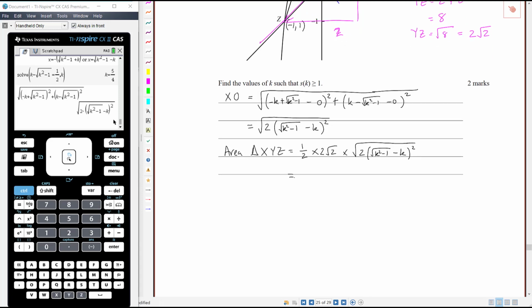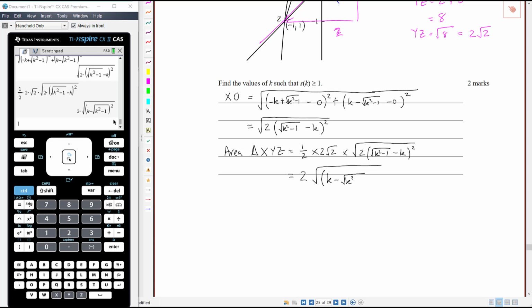Okay, so we're going to have half times 2 root 2, which is just going to be root 2, obviously. Sorry, 2 root 2, and then times that.